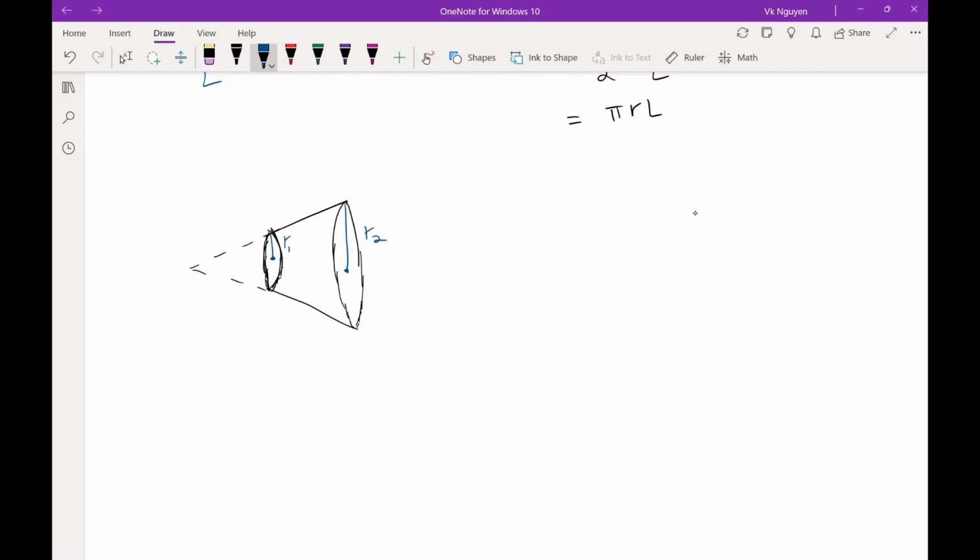Okay, and this side length here is L. So we can extend it to get a cone, meaning that this side length you can call L sub 1. So what we know here is that the surface area of a frustum is the surface area of the bigger cone minus the smaller cone.